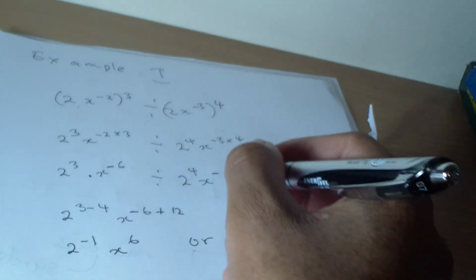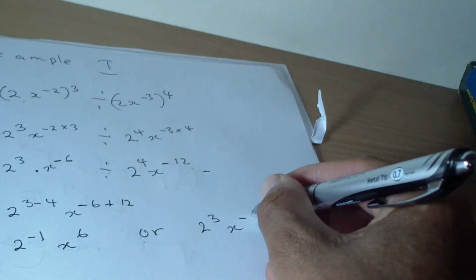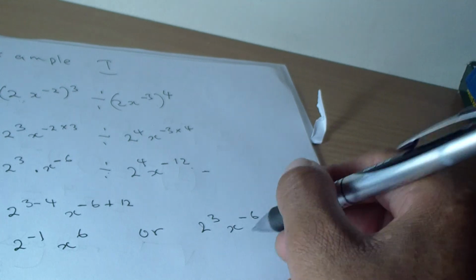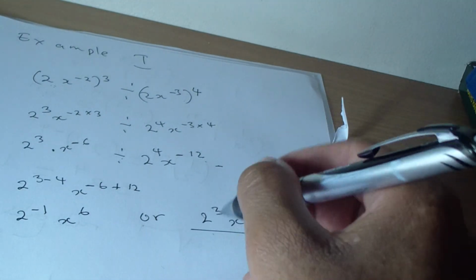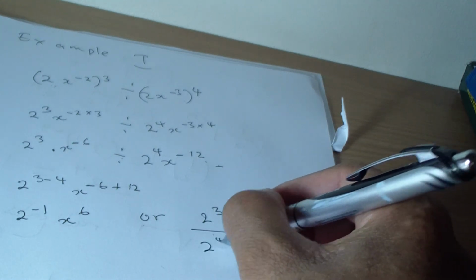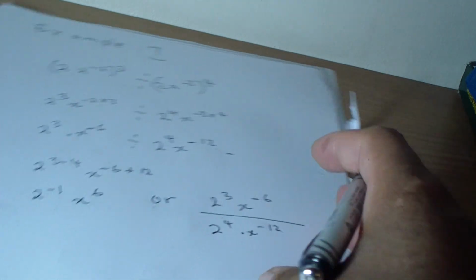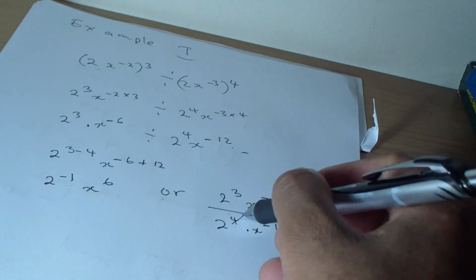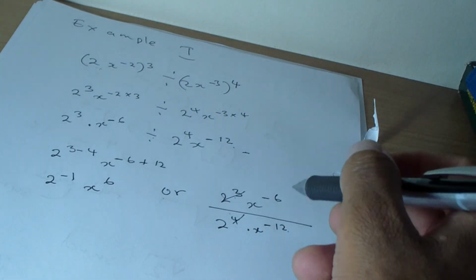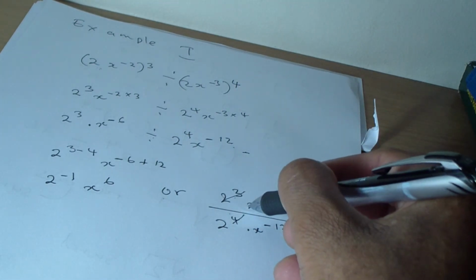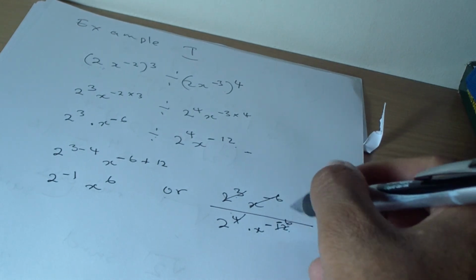Or we can rewrite this as 2 to the power 3, x to the power minus 6, everything over 2 to the power 4, x to the power negative 12. So here this and all that goes, then I remain with 2 to the power 1 there, then x to the power negative 6, all that goes, I remain with x to the power negative 6 down there.